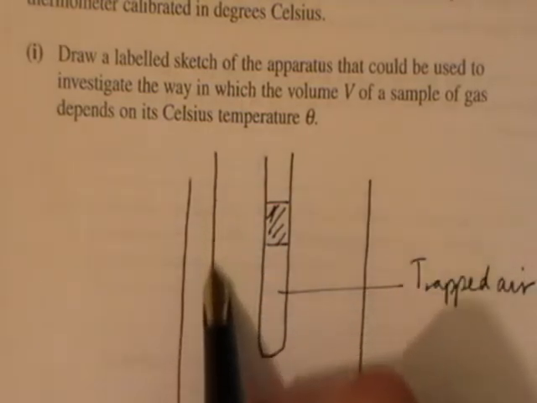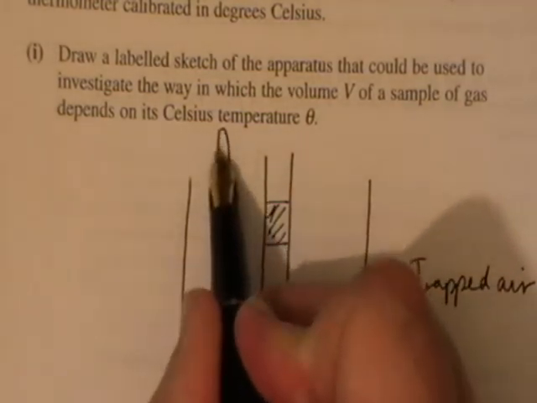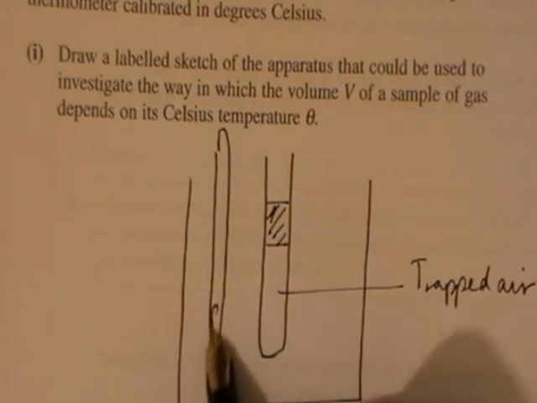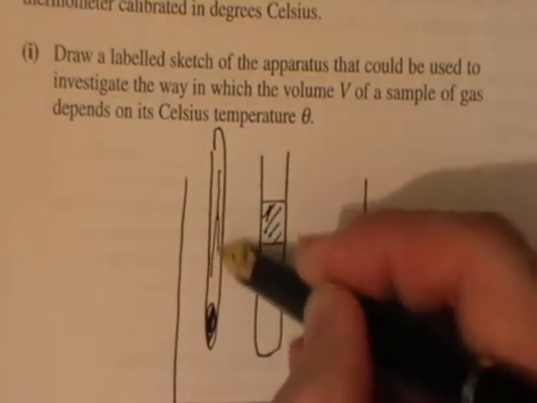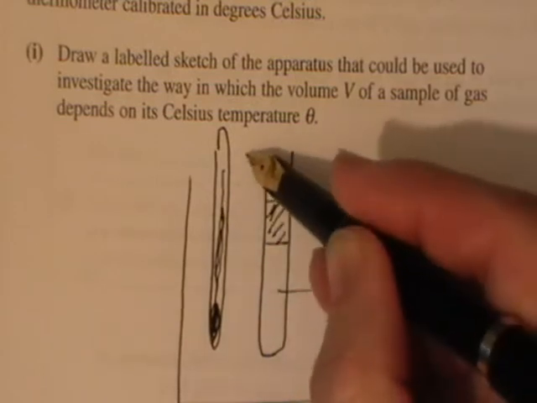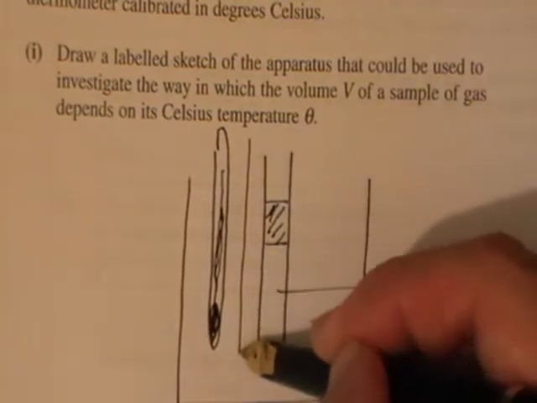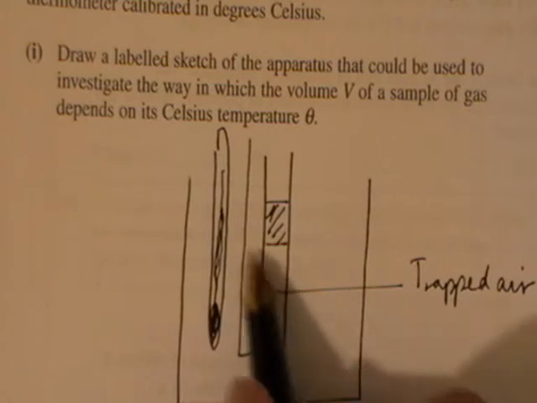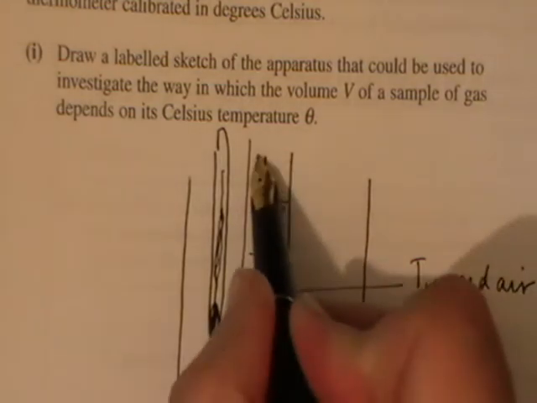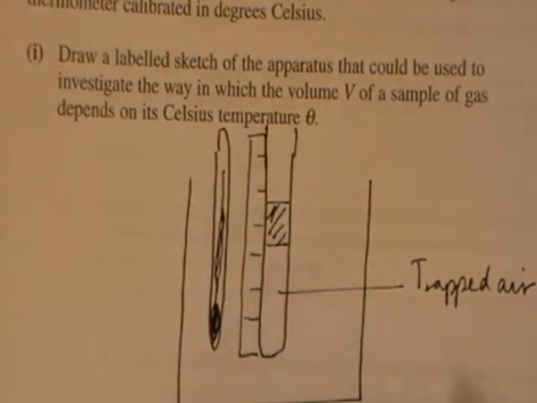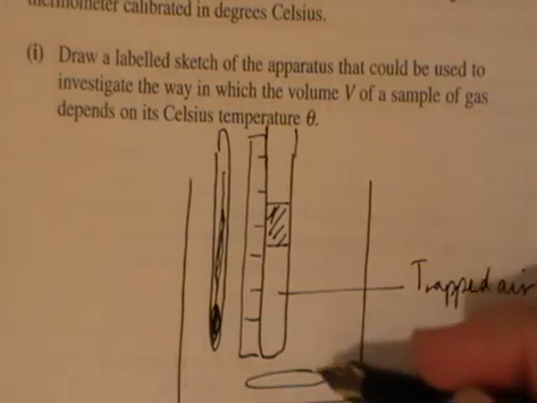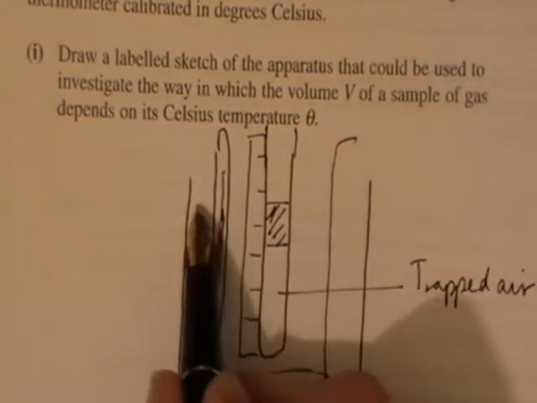We also then need to have a thermometer so that we can record the temperature, and alongside this we need to have a scale so that we can measure the length of the column of trapped air. And normally speaking, in here we put in some sort of stirrer.